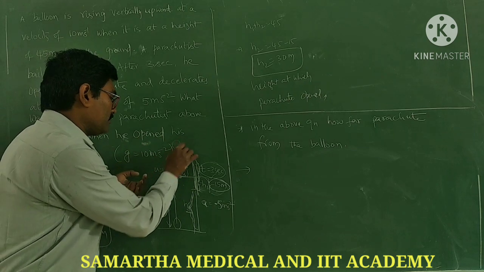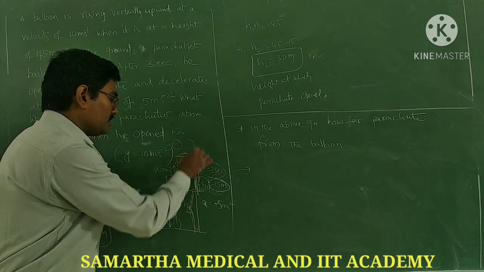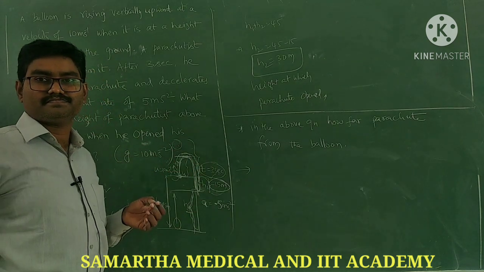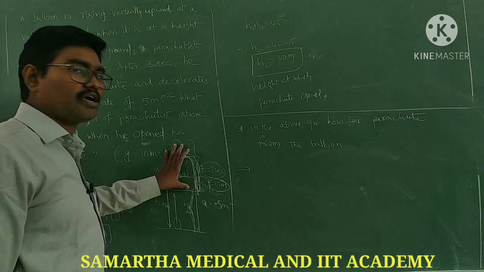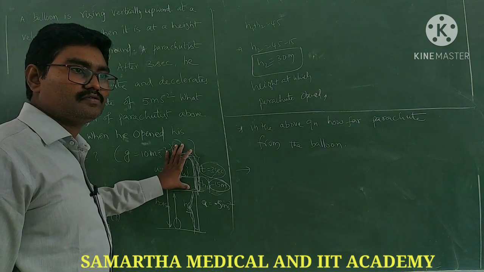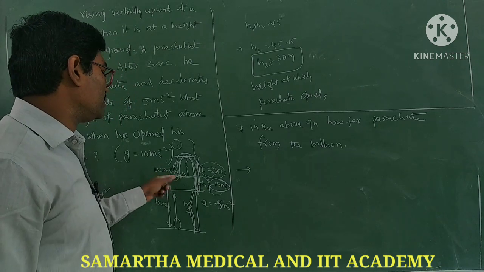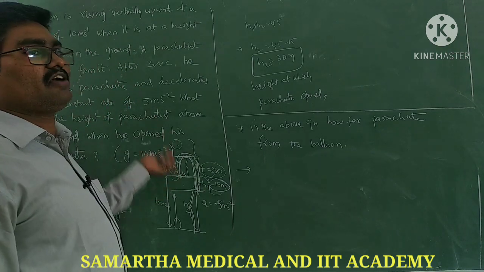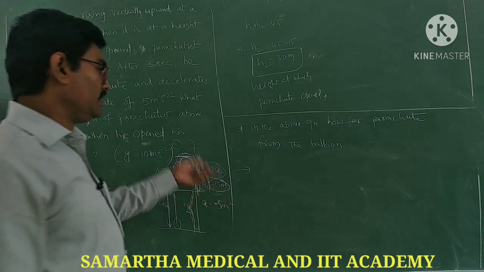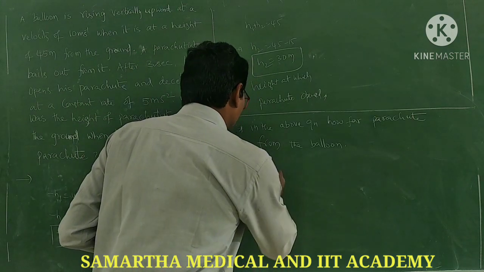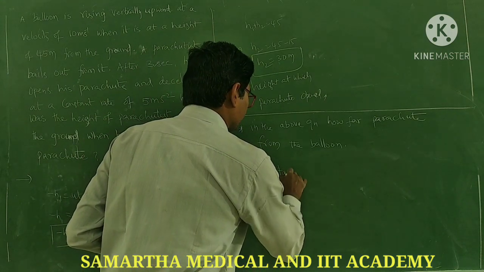So now this distance I need to calculate. During that 3 seconds, how much distance the balloon further traveled I need to calculate first. What is the distance covered by the balloon in the upward direction?